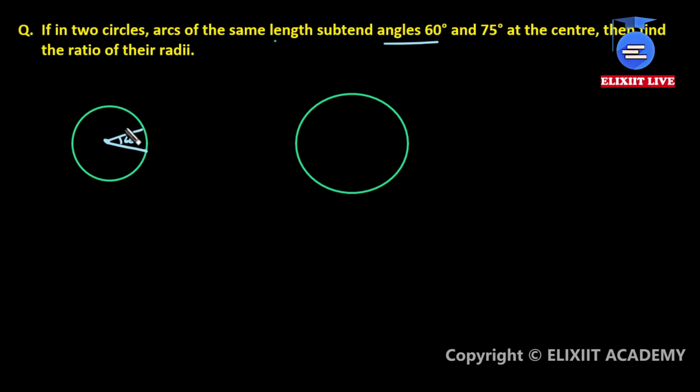So let's say this is R1, and there is one more circle whose subtending angle is 75 degree. This is having radius R2. They have mentioned arc length is same.